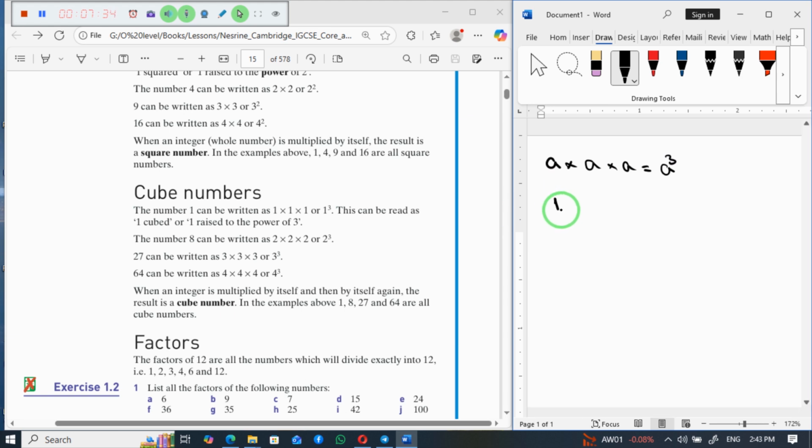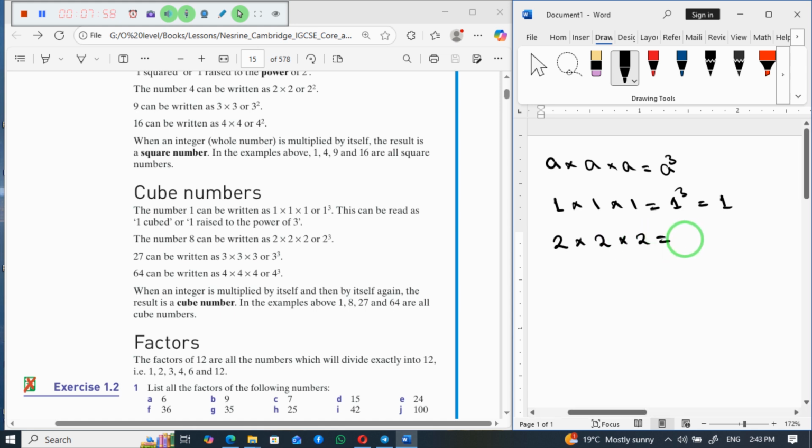For example, 1 multiplied by 1 multiplied by 1, which is 1 to the power of 3, equals 1, because 1 multiplied by itself any number of times is equal to 1. The other is 2 multiplied by 2 multiplied by 2, 2 to the power of 3, which is equal to 8.